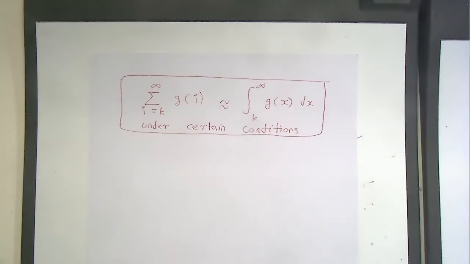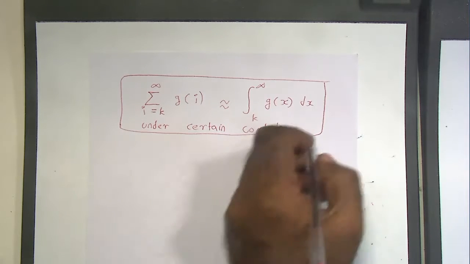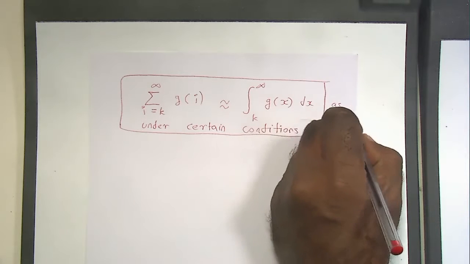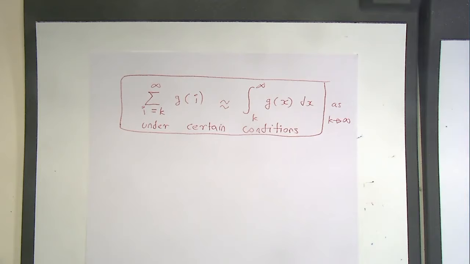So under certain conditions, the sum of this function from k to infinity is asymptotically the same as the integral of g from k to infinity, as k goes to infinity. Okay, so I'm going to use this trick here.